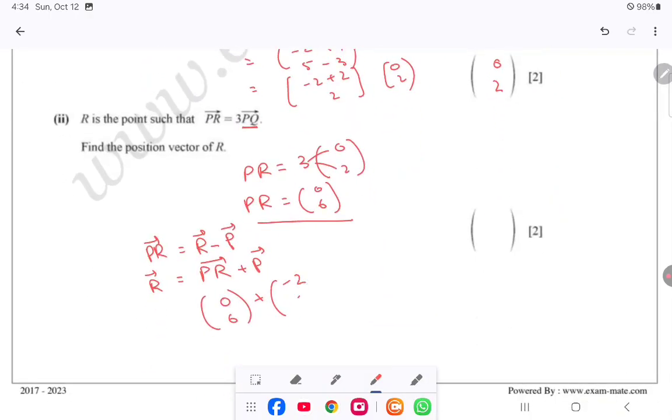It will give us negative, positive, negative, and 6 plus 3 will be 9. Negative 2, 9. This is the vector form of vector R.